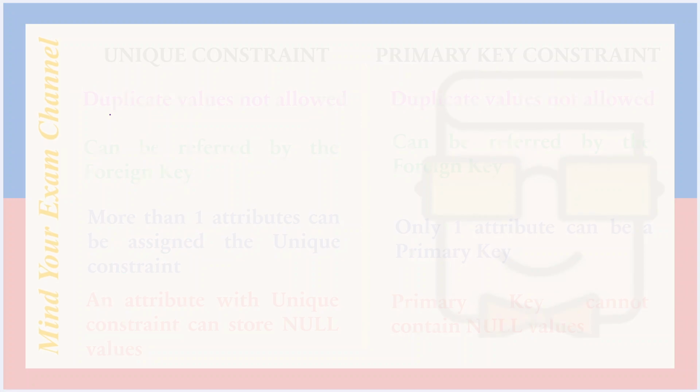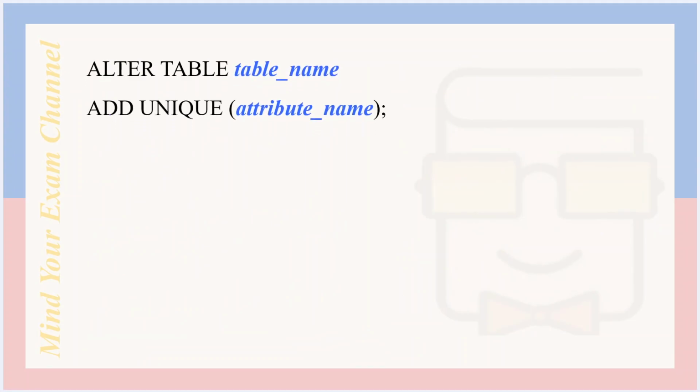Let us now understand the syntax of applying the unique constraint in SQL. For the table on which you want to apply the unique constraint, you first write the keywords alter table, followed by the name of the table on which you want to apply the unique constraint to an attribute.